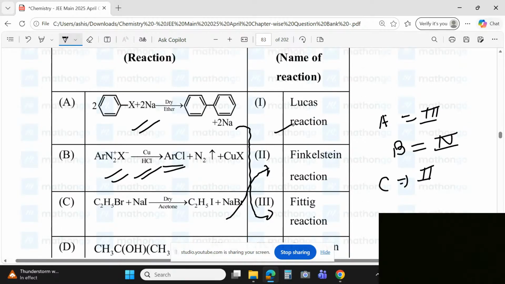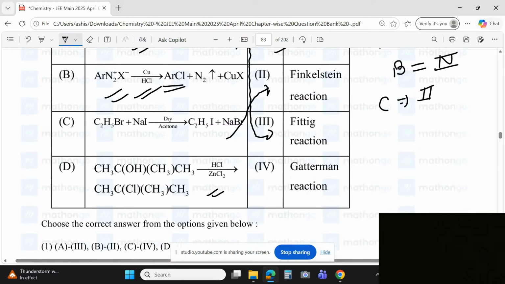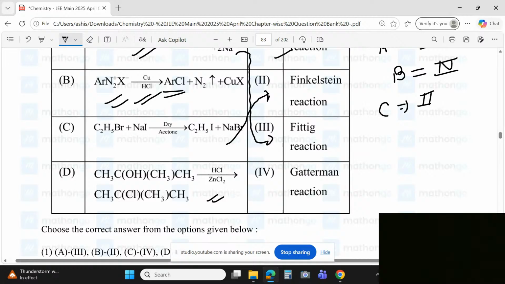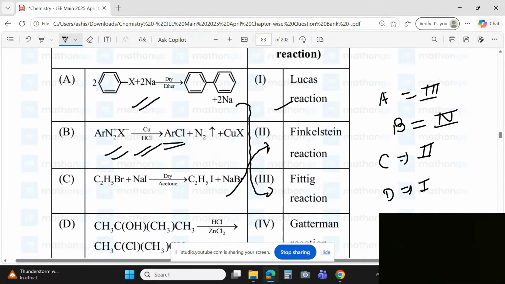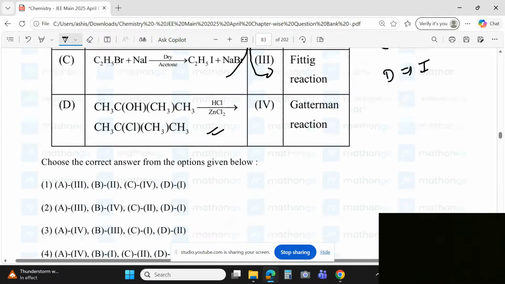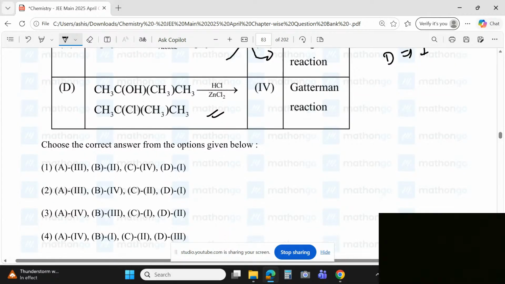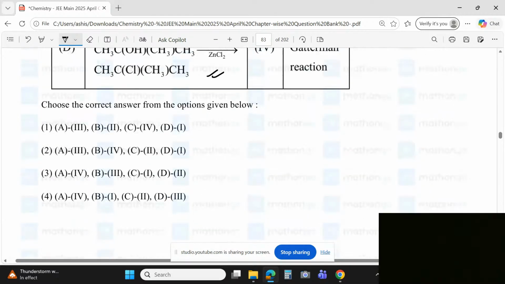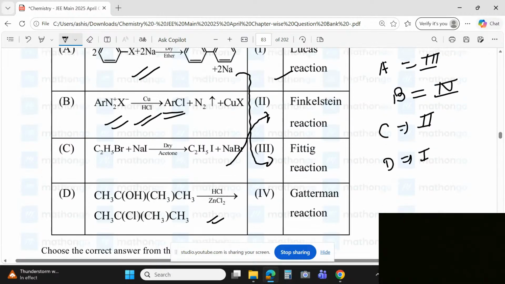In the Lucas test, turbidity will be produced, so D will be first. According to that, A third, B fourth, C second, and D first. So our answer will be 2.